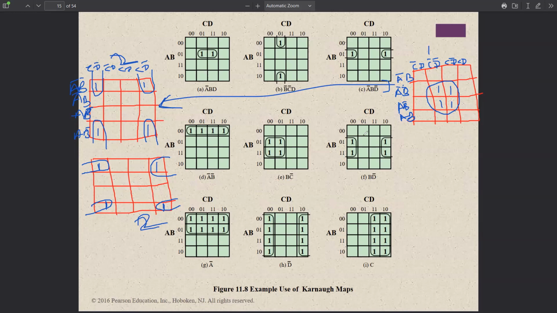So by looking at this characteristic in the Karnaugh map, there is a rule: if the corners all have ones like this, right?